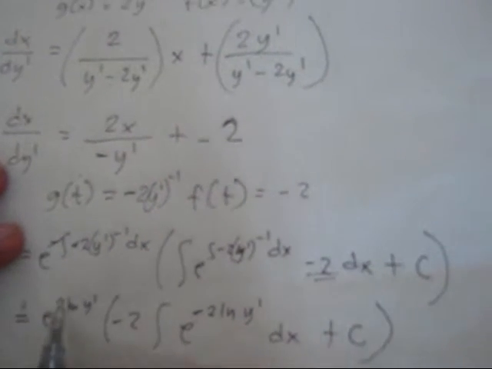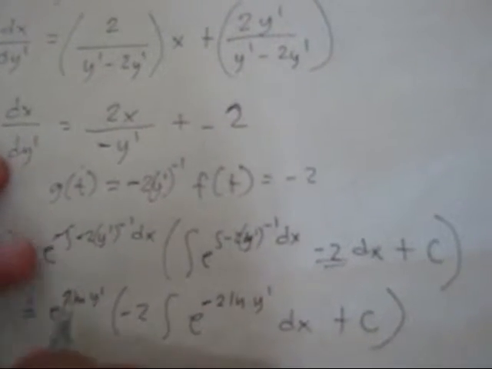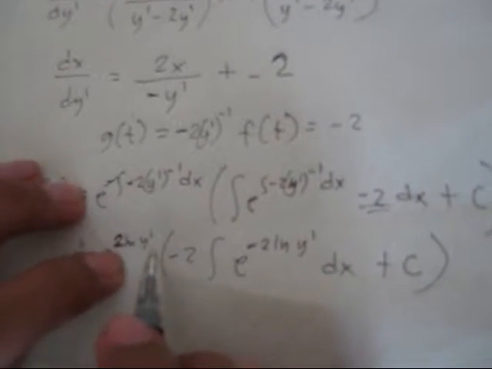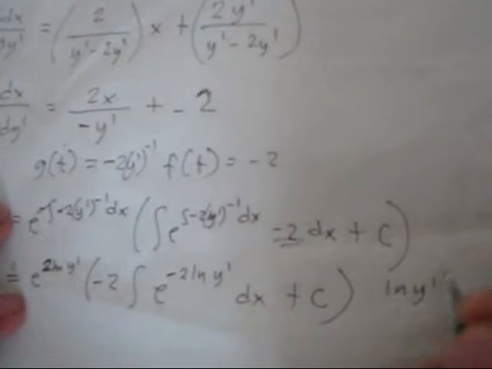In this theorem, you can transform 2 ln y prime into 2 ln y prime squared.